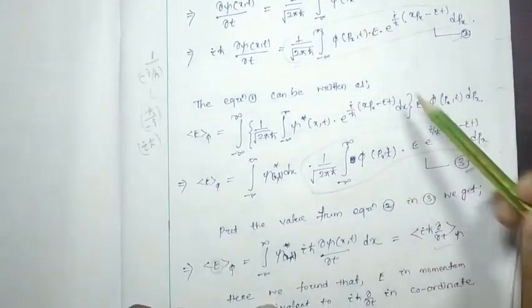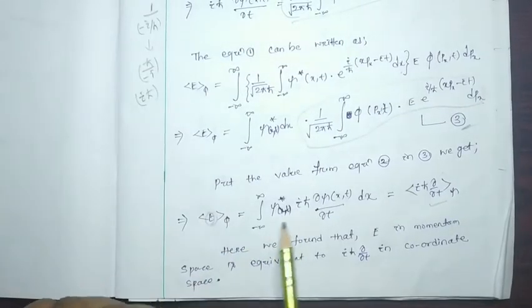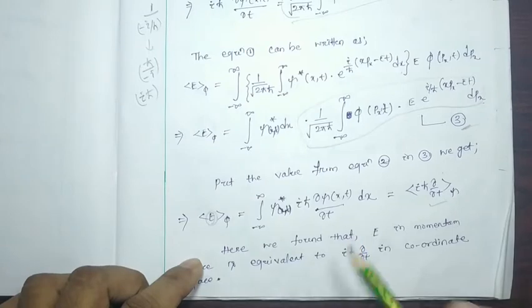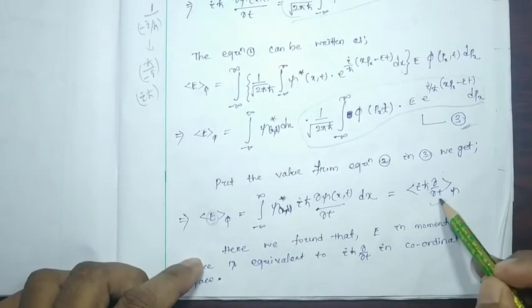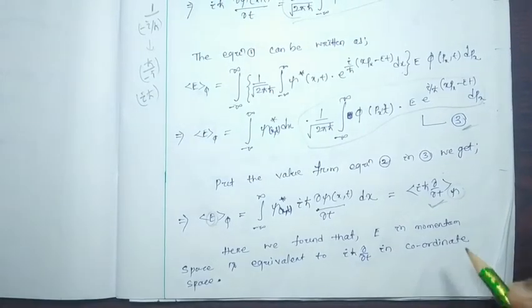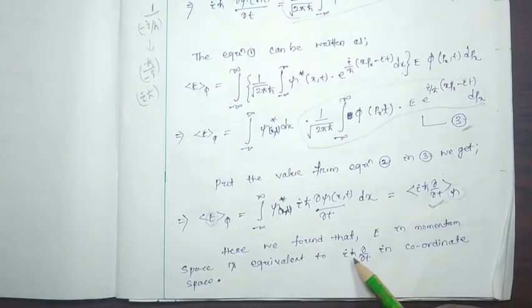So here I have to put i h cross del psi by del t, then it will be in the form of psi in the momentum space equal to like this. So it will be i h cross del by del t in the coordinate space. So here we found E in momentum space is equivalent to i h cross del by del t.